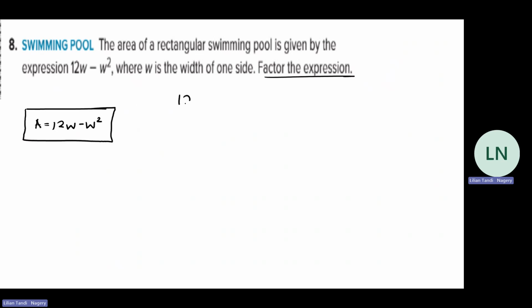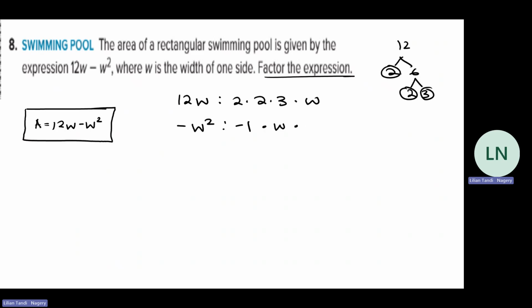So you'll have 12w negative w squared. This becomes 2 times 6. This becomes 2 times 3. So you're going to have 2 times 2 times 3 times w. This becomes negative 1 times w times w. Common factor is w. Greatest common factor is w.